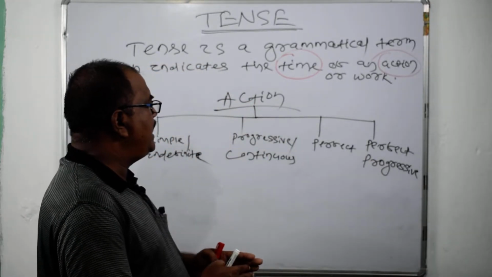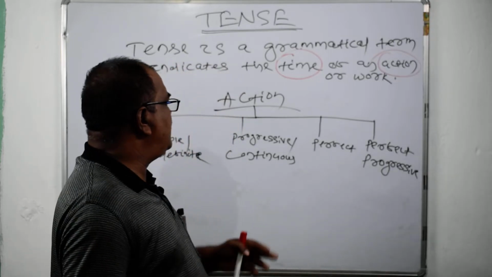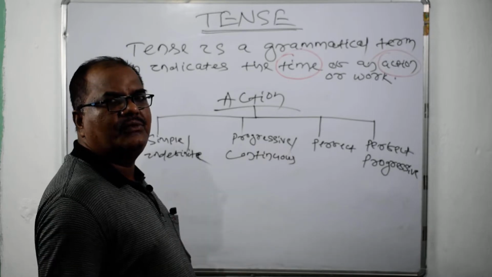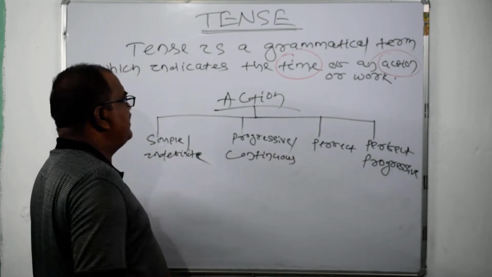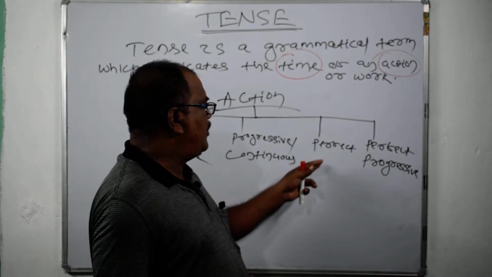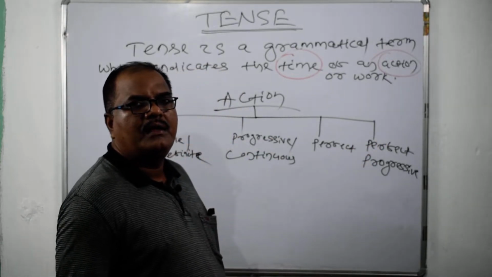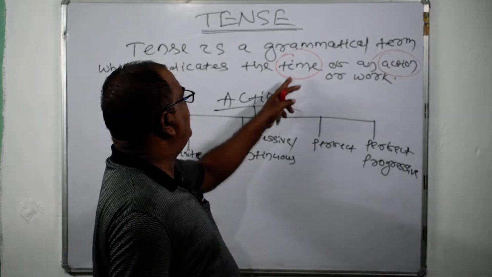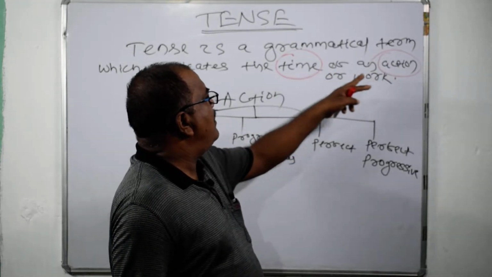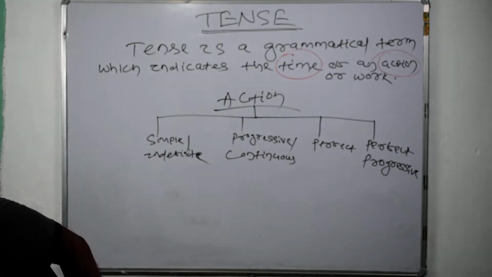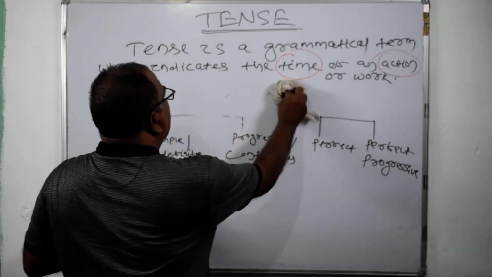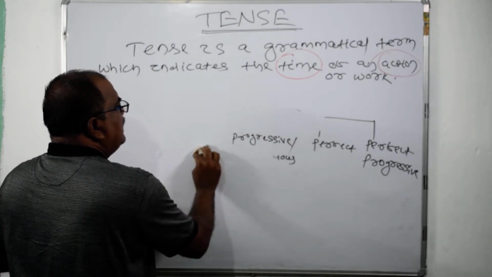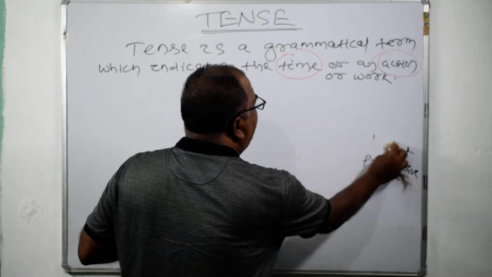In this way, we divide action into four categories. What are they? Simple or indefinite, progressive or continuous, perfect and perfect progressive. Now, we are sure of the two words, time and action. When we merge the two words, time and action, we completely get the basic concept of tense.